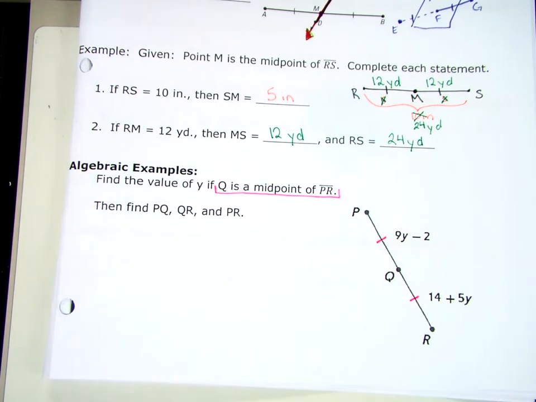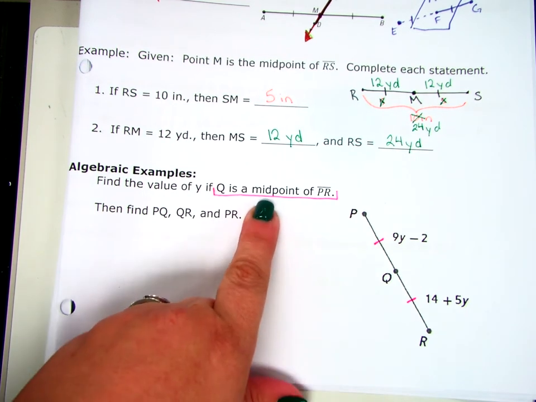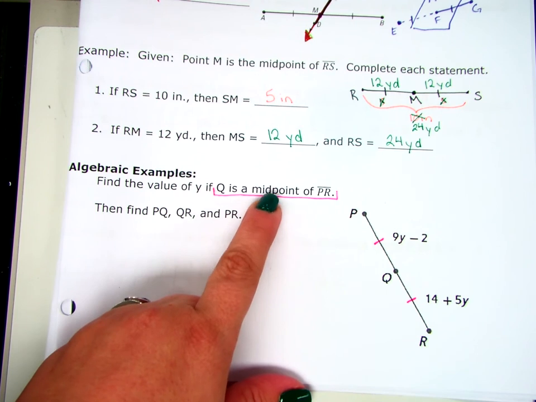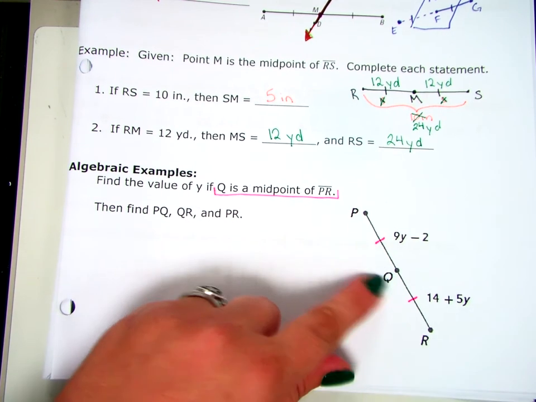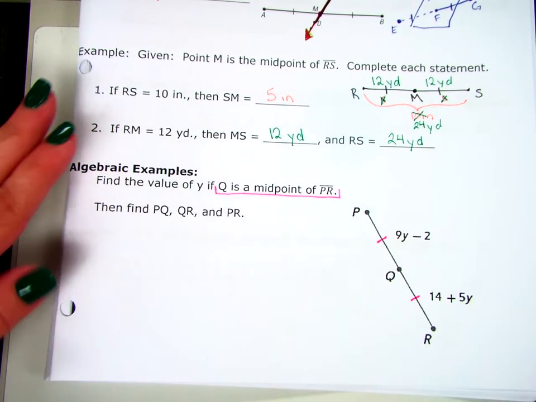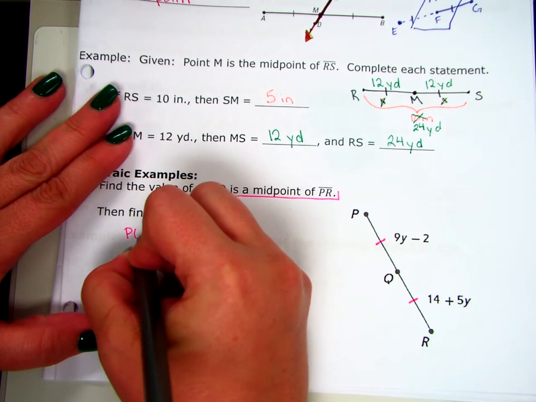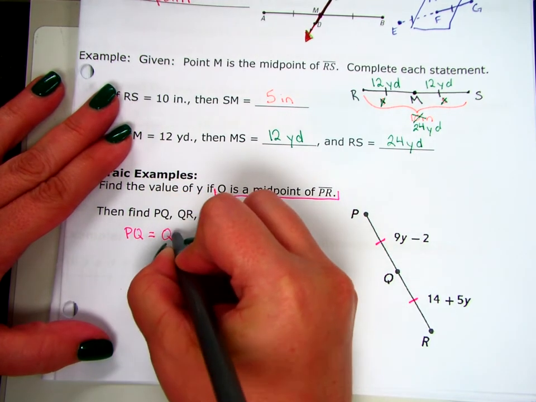And that tells me, if I have this information given to me, imagine we were doing a proof, then I'm allowed to use the definition of midpoint to say if this is in the middle, then the two sides must be equal in length. So the distance from PQ must have an equal length to QR.